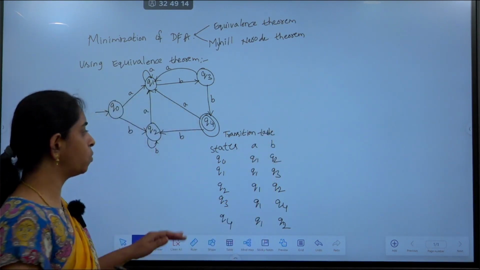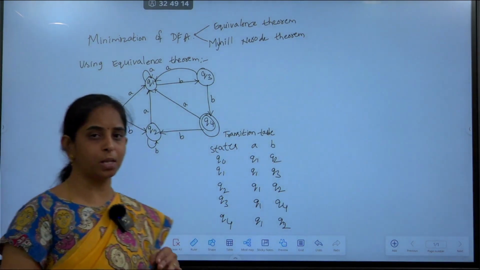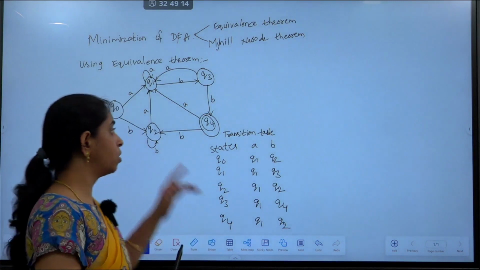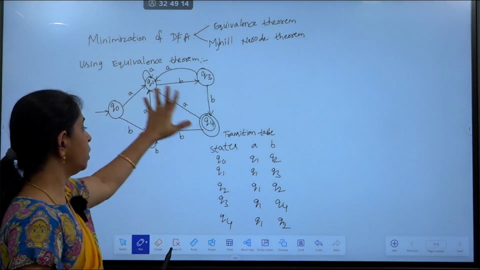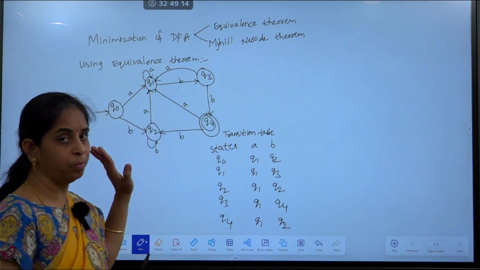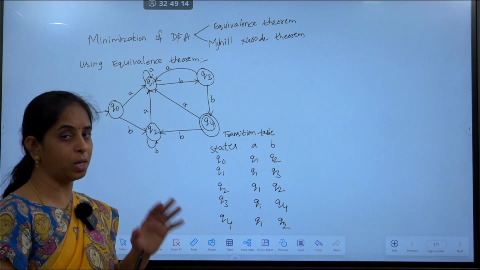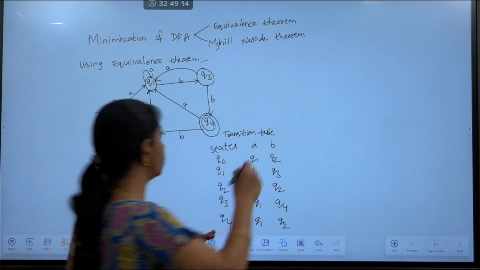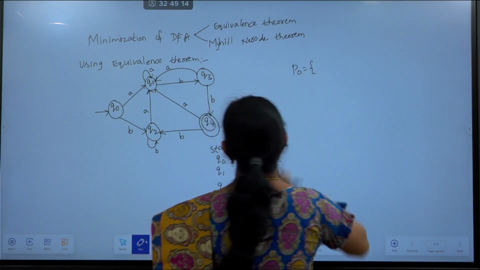Now we will see what the equivalence theorem is. It is based on the partition technique. Coming to the given DFA, we have the final state and the non-final states. We will partition the final state as one set and the non-final states as another set. First we will see the partition P0.